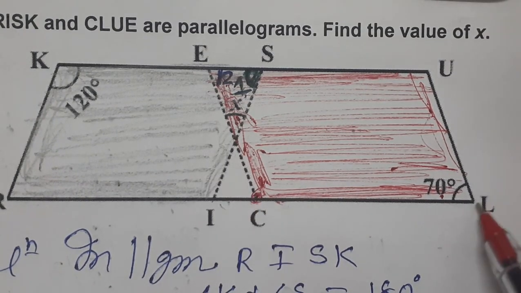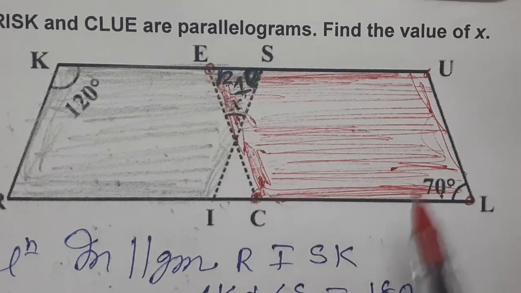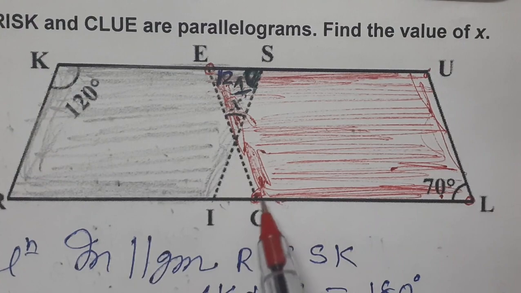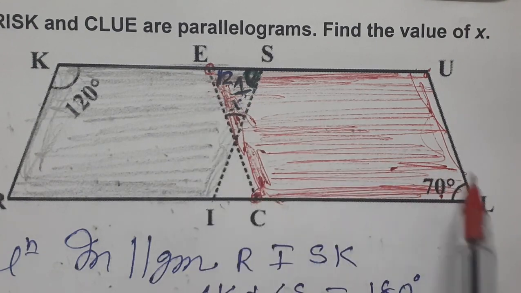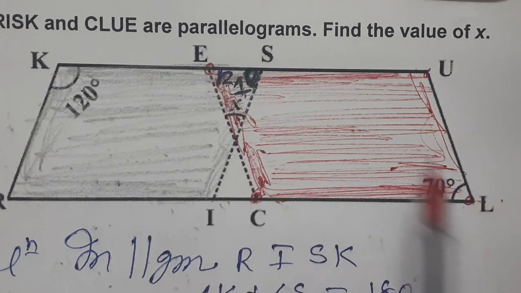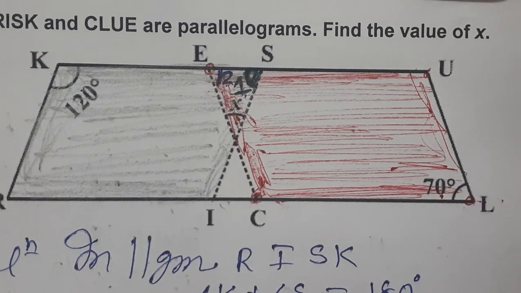We are taking now CLUE. In parallelogram CLUE, angle E equals angle L because opposite angles of parallelogram are equal. So angle 2 equals 70.